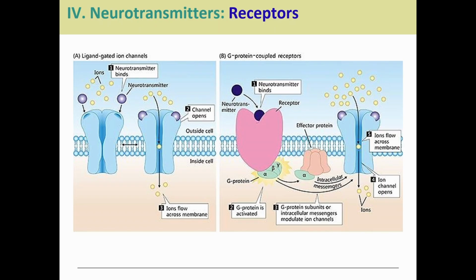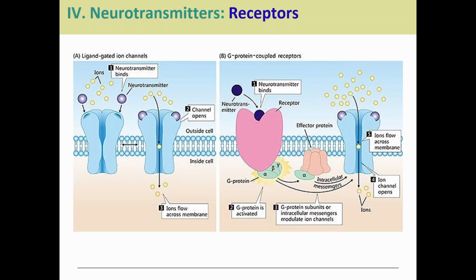This is just a picture showing the difference. We have the ligand-gated ones. We saw these as one of our examples when talking about the electrical activity earlier on with neurons. This one's very straightforward. The neurotransmitter binds to the receptor, the receptor also serves as the channel, and so it opens when the neurotransmitter binds. Simple enough.